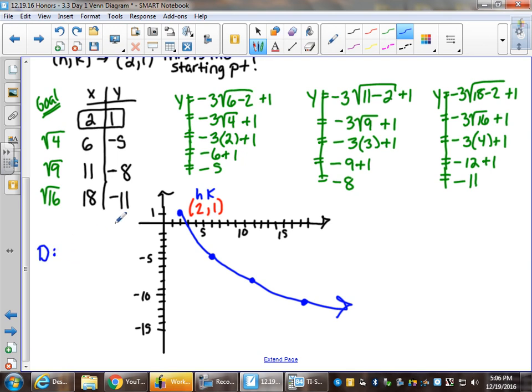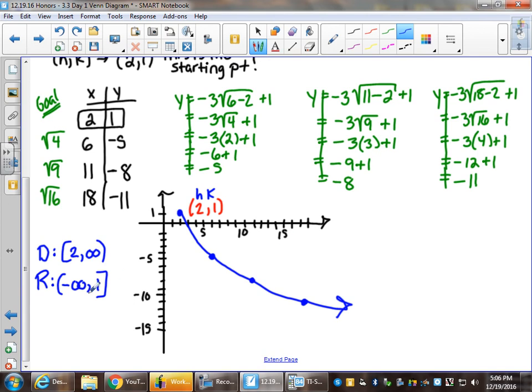My domain, when I come in from the left, 2 to infinity, because when I come in from the right, I hit an arrow. My range, I come in from the bottom, -infinity, K. So there's domain and range. Again, domain is affected by H, range is affected by K.